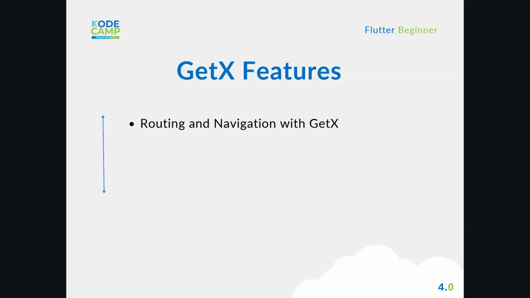So if you're going to use routes, and we have dialogues, snack bars, bottom sheets without context, that's where GetX actually thrives. GetX is just excellent because you don't need to use context to make use of it, or to navigate. For those of you who have done navigation, you see your Navigator.of(context).pop or that. But with GetX, you don't need context at all.